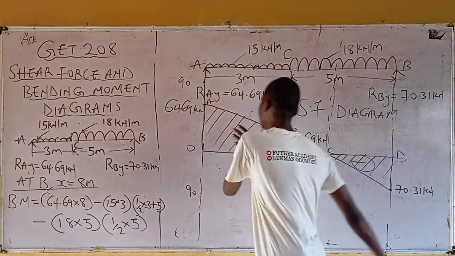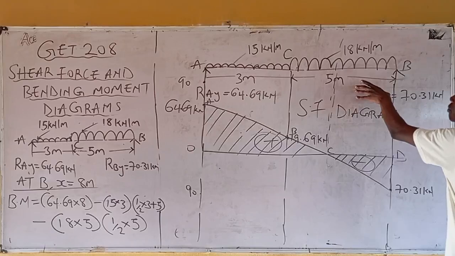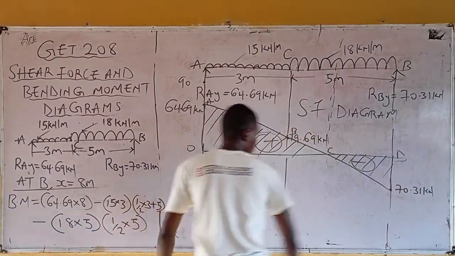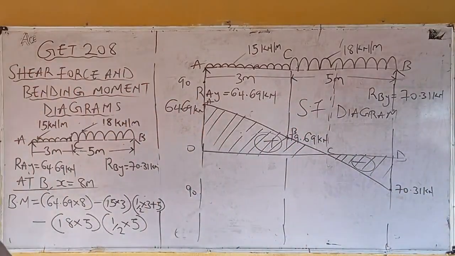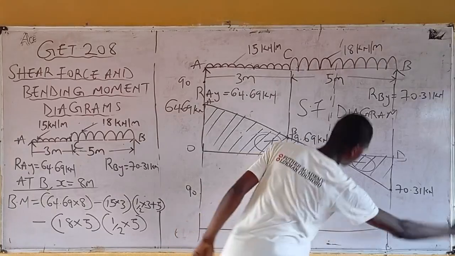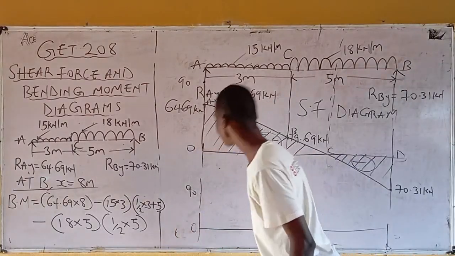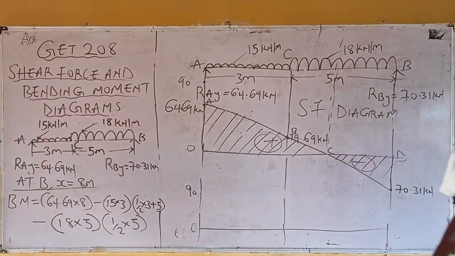I've drawn my shear force diagram. Now, the bending moment diagram. Let's take this same reference line, say 0. At A, what's the value of bending moment? 0.